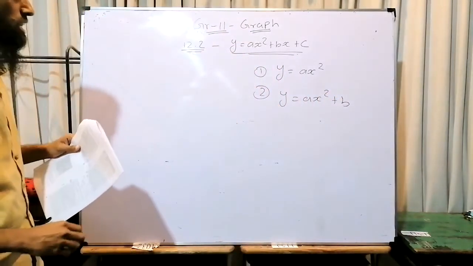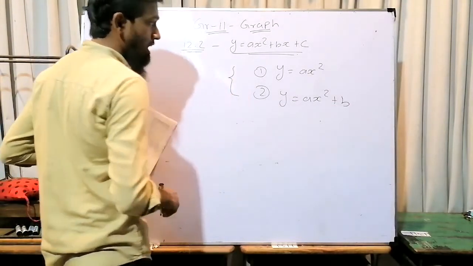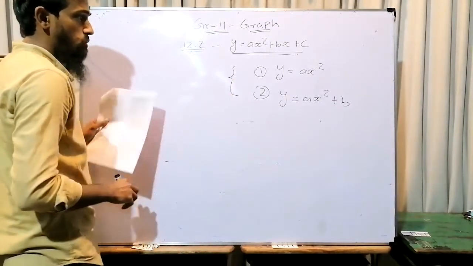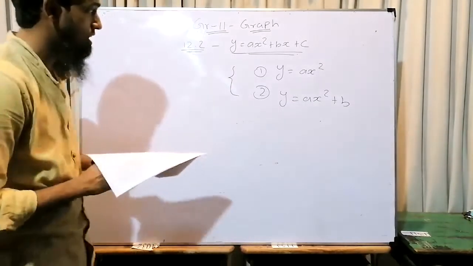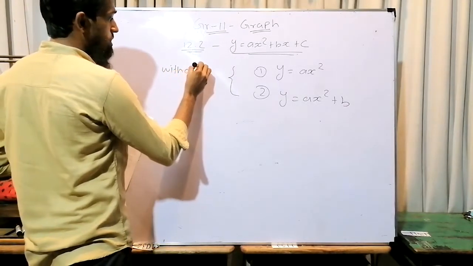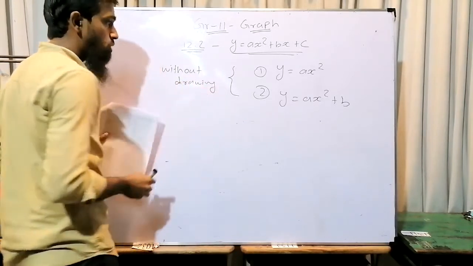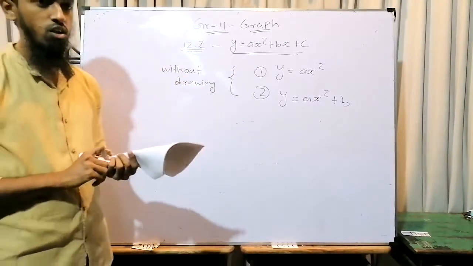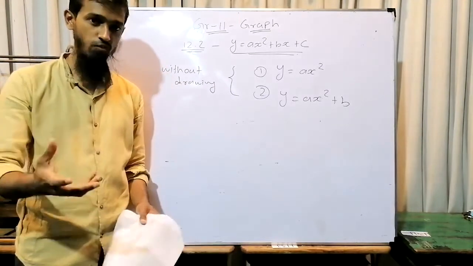These are the two forms of equation we studied in grade 10. So what are the main parts we are studying about these equations? Without drawing the graph, we should describe the graph, the nature of the graph.